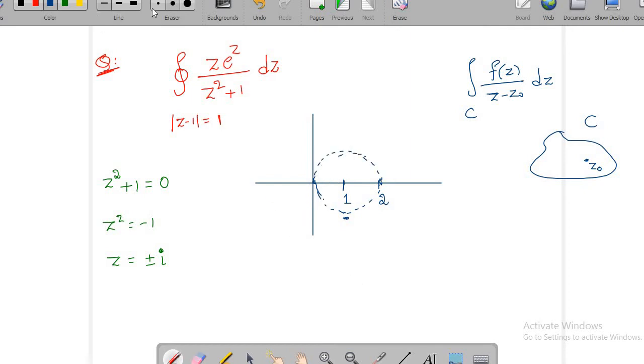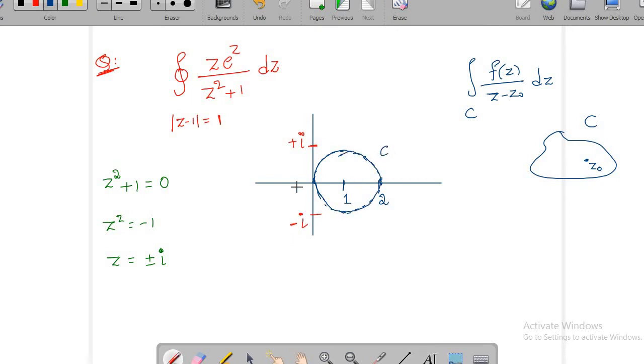Now look at this circle. The problematic points are minus i and plus i, whereas our given curve is this. C is a circle centered at 1.